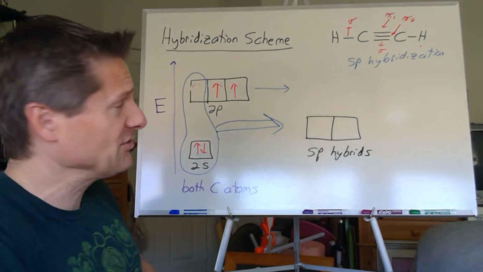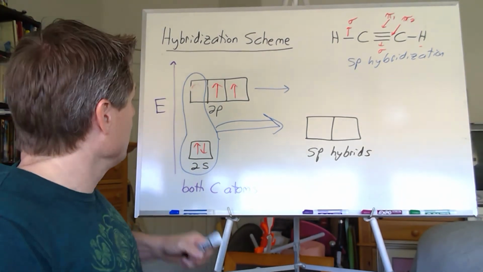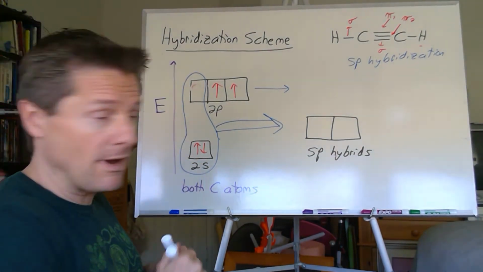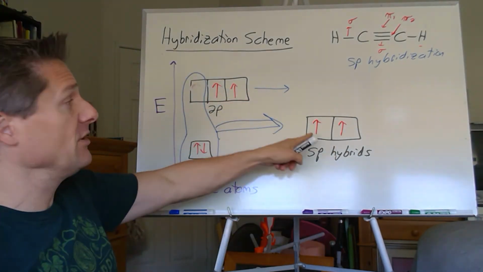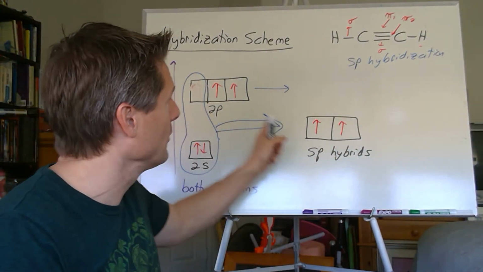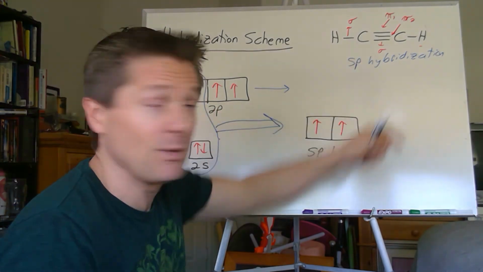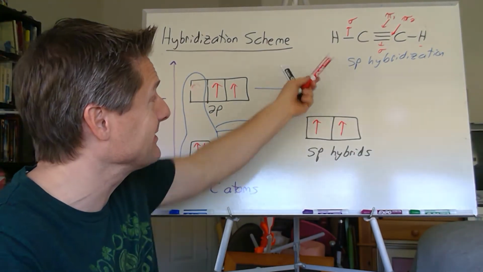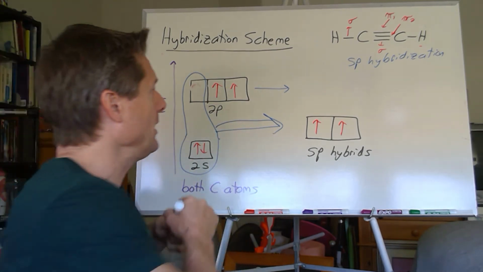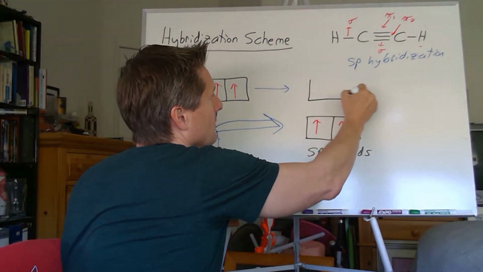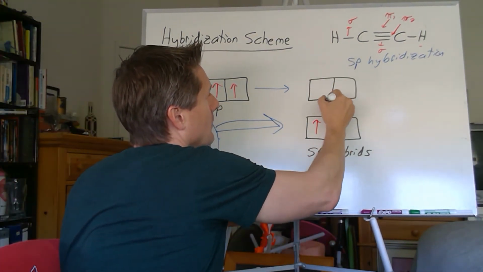Getting used to hybridization schemes yet? How many electrons did we circle? 1, 2, correct? If you took one of those, you'd end up with 2 electrons in there, which would predict a lone pair. There's no lone pairs in the acetylene up there. All right, we've got 2 unhybridized p orbitals.